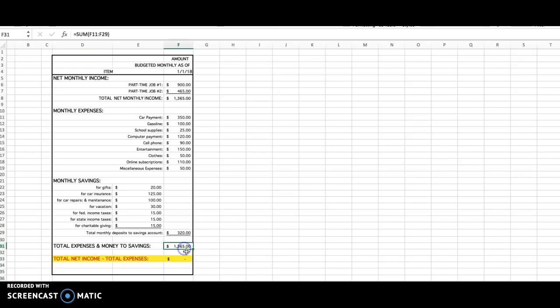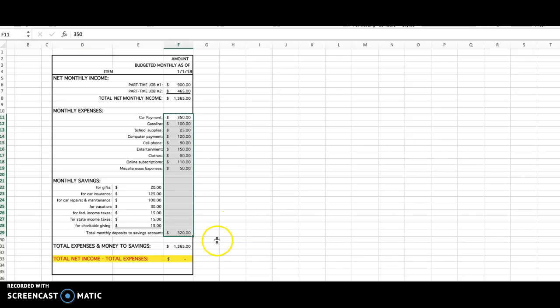And this total, the 1365, will add up, if you look up here in the formula line way up at the top, cell F11 through F29. So we're looking at F11, column F, row 11, all the way through F29.